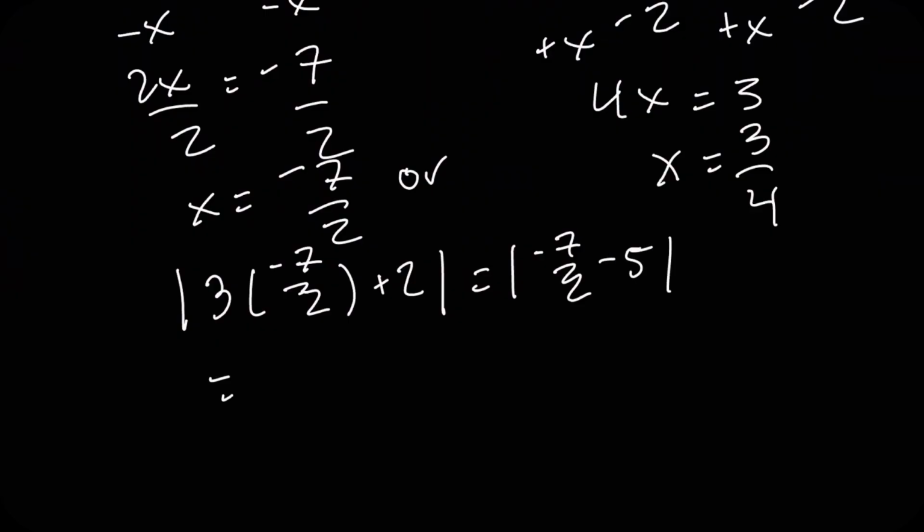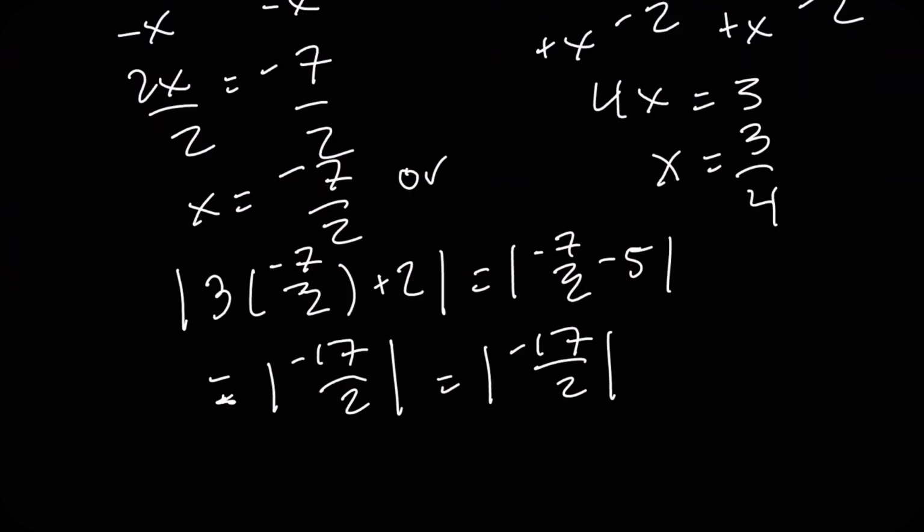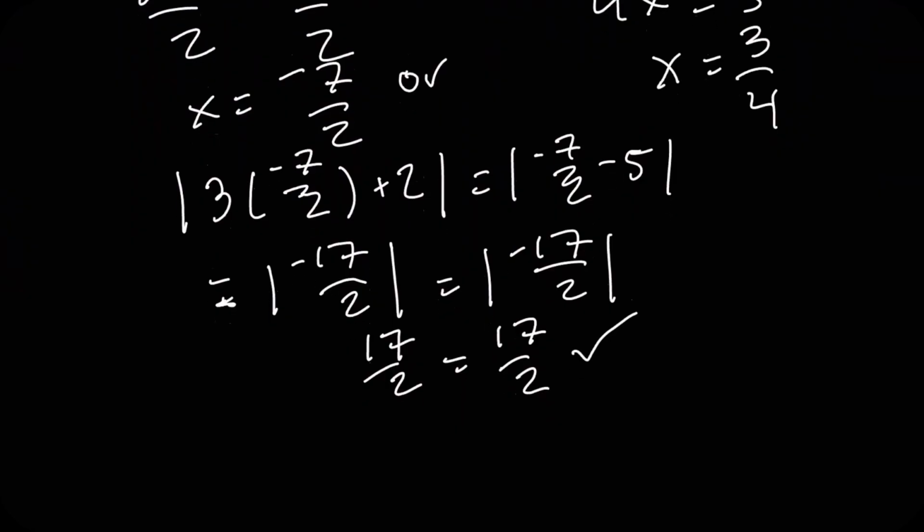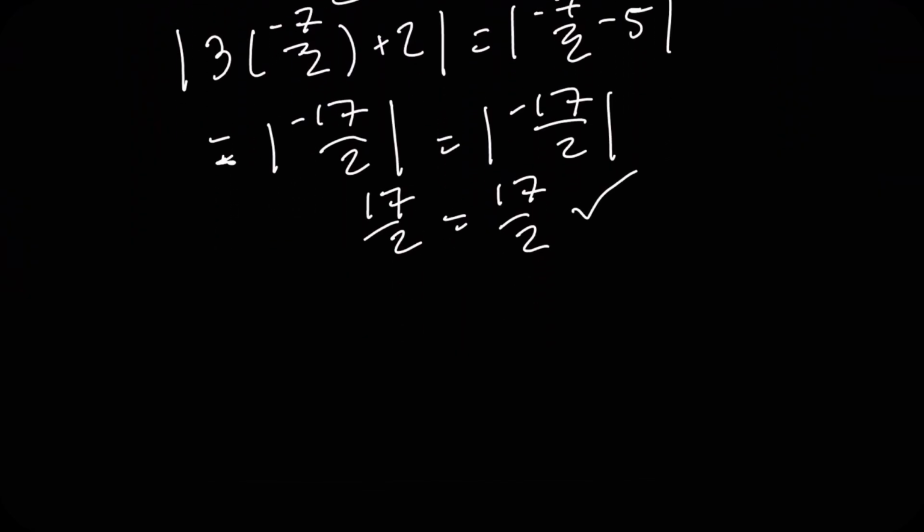So this will give us, easily simplifying here, a negative 17 divided by 2, and that's going to be equal to a negative 17 divided by 2, which makes sense because that'll just be 17/2 equals 17/2. So that one makes sense, and we can check our other one, which will be this 3/4. So go ahead and plug 3/4 in.